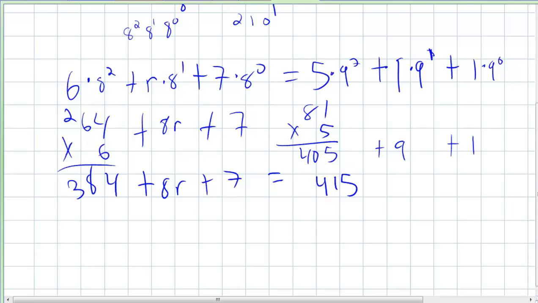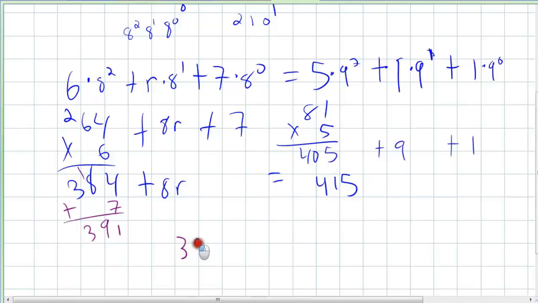And then I'll change colors so that things don't start to get mixed into themselves. So I'm going to start simplifying. I'm going to say 384 plus 7. Alright, so if I were to add that, I'm combining terms here. So this is going to be 11, and bring up the 1, 9, 391.